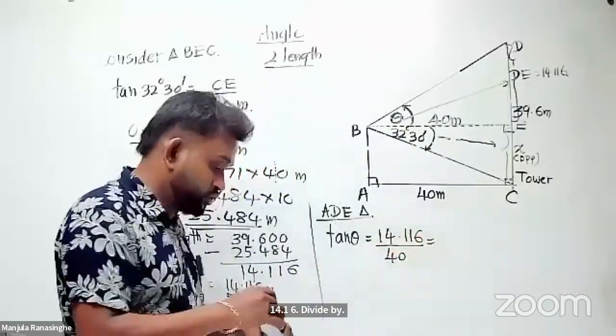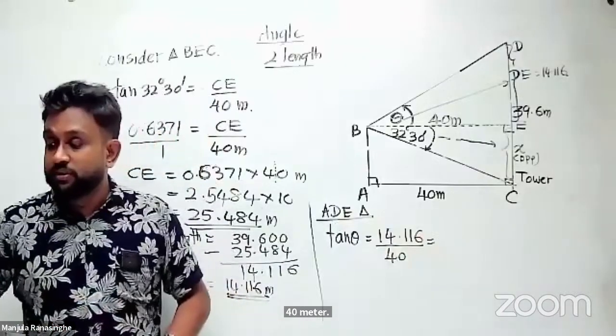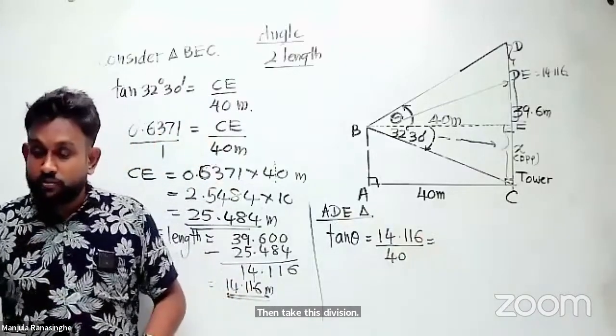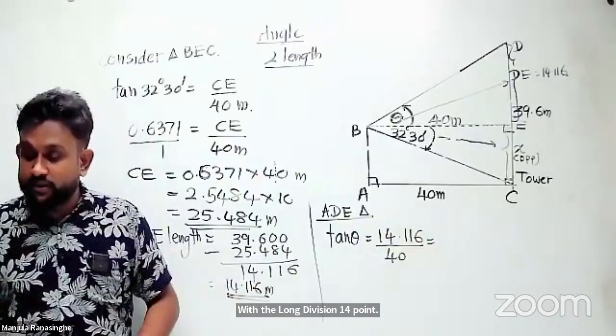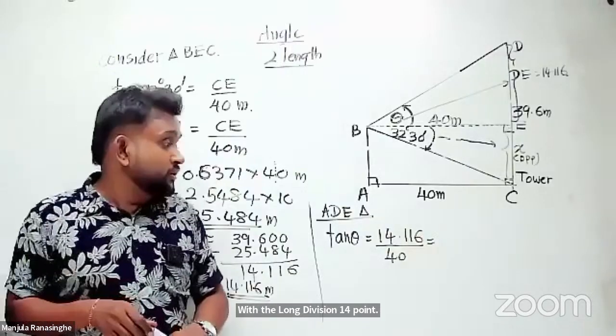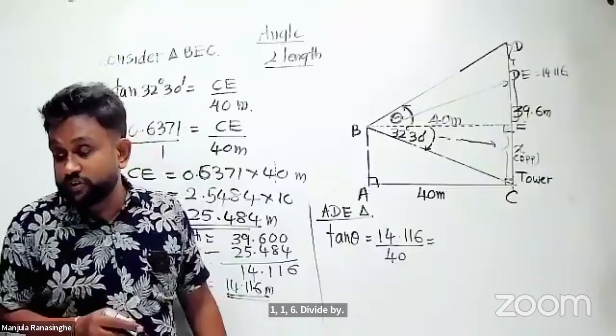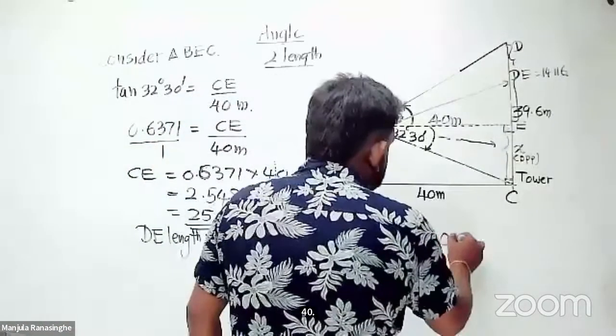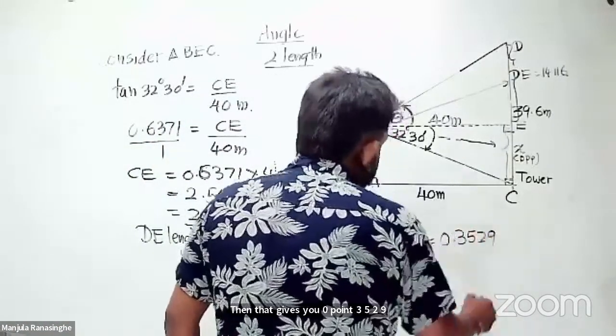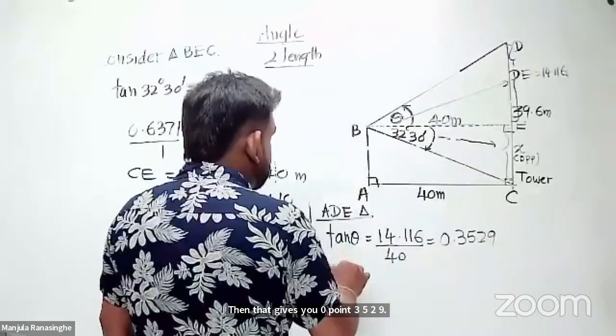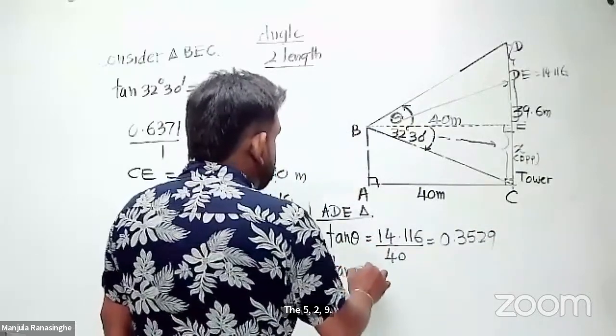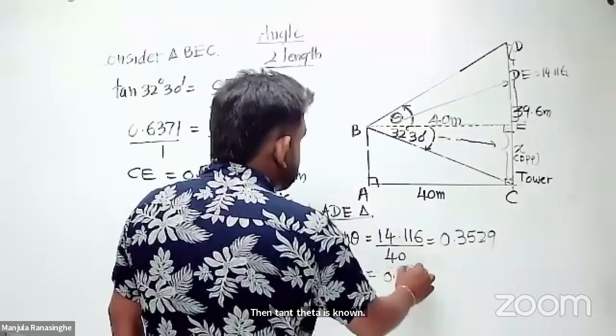Then take this division with long division. 14.116 divided by 40 gives you 0.3529. Then tan theta is known. Then you look into the table to find the theta belonging to that.